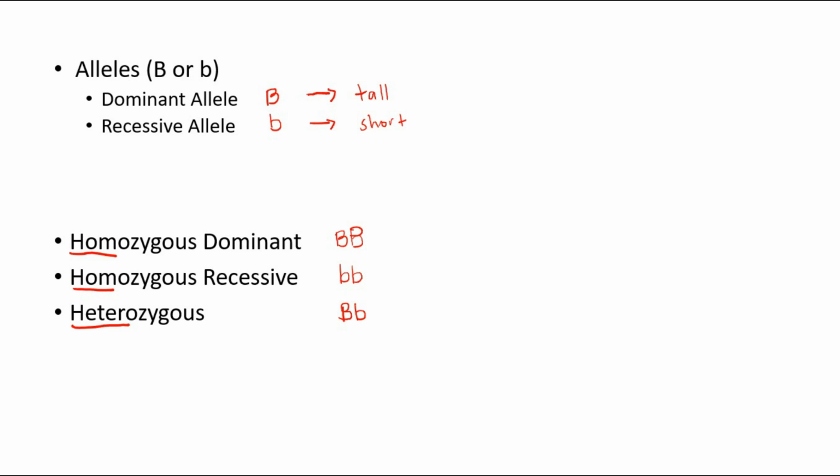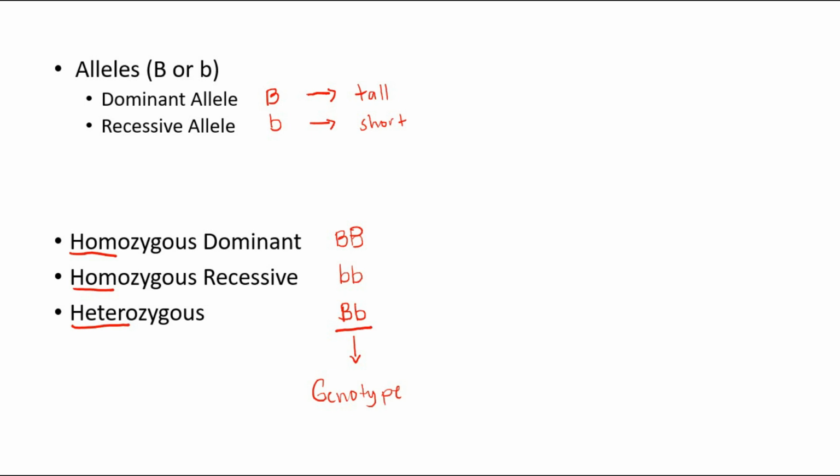You have to take note that if you're going to write the heterozygous, you are going to write the capital letter first before the lowercase. Okay, so these pairs of alleles are called the genotype. They are called genotype because they are the combination of genes.